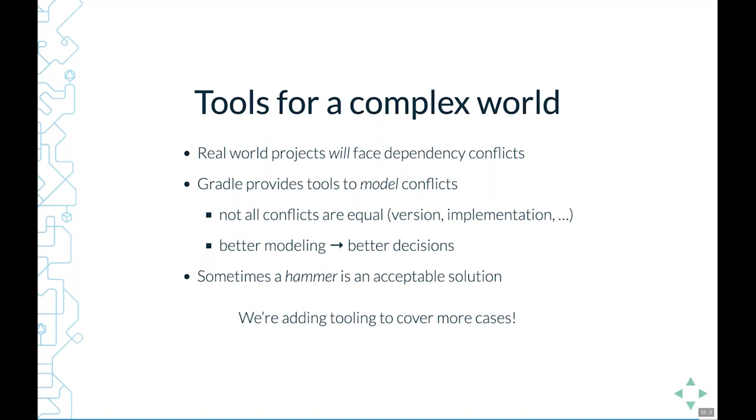But we don't want you to use a hammer when you don't have to. So what you have to understand from this webinar is that we want to model the different use cases that you face. So when metadata is wrong, there is something that lets you explain, oh, the metadata for this is wrong. When you don't use this version, we want a tool that provides you an information to tell this is not needed, etc., etc. When we do alignment, we want to say with the platform, okay, those things work together.